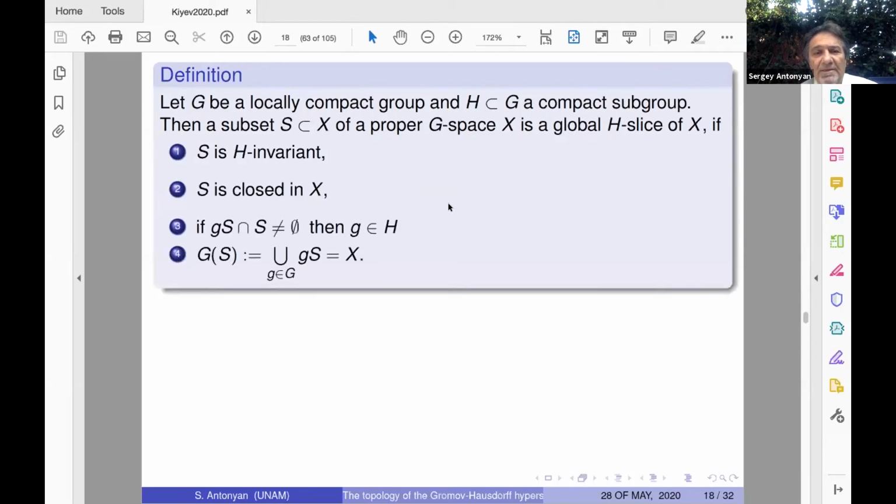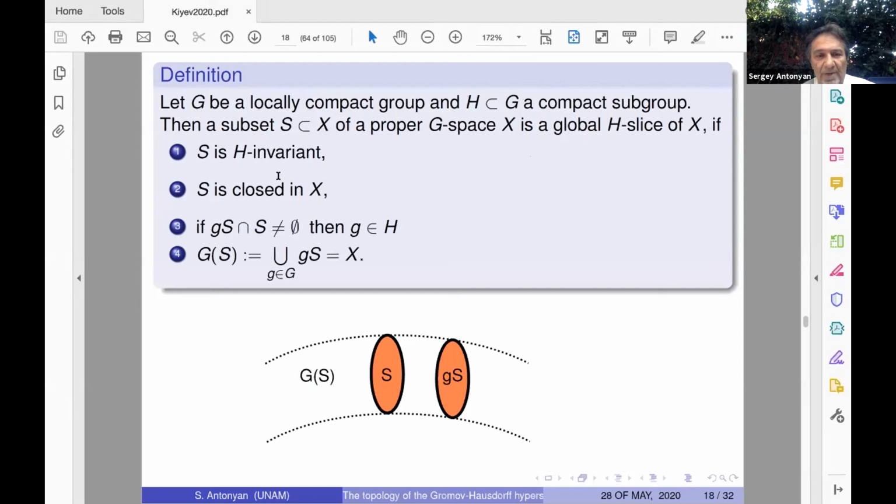Proper actions are interesting because they permit the existence of so-called global slices. For a locally compact group G and its subgroup H, a subset S of a G-space X is called an H-slice if the following holds. Maybe I have a picture here.